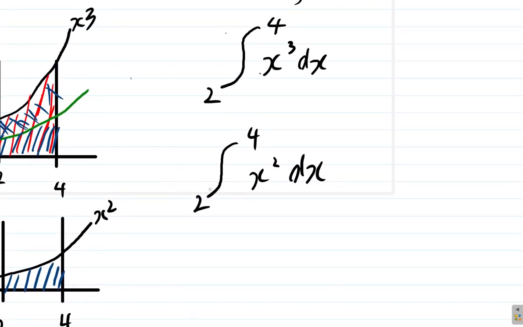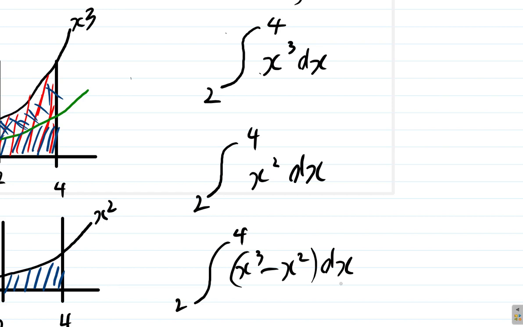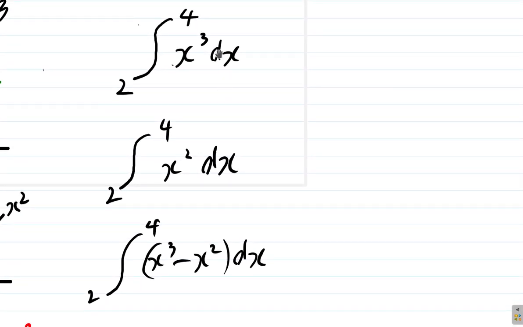So what you could do is say you're going to find the integral from 2 to 4 of x cubed minus x squared dx. Alright? Now, you could do it like this, or you could find each integral and subtract them.